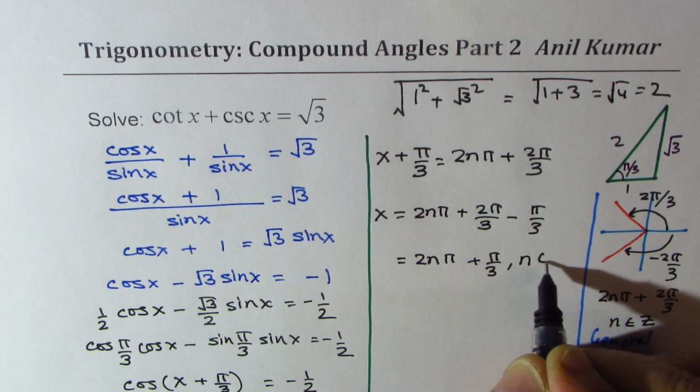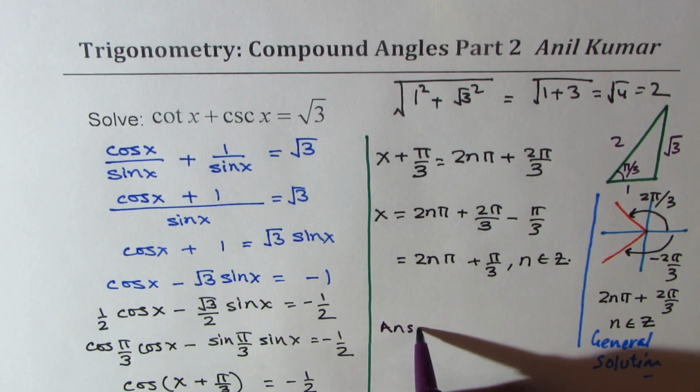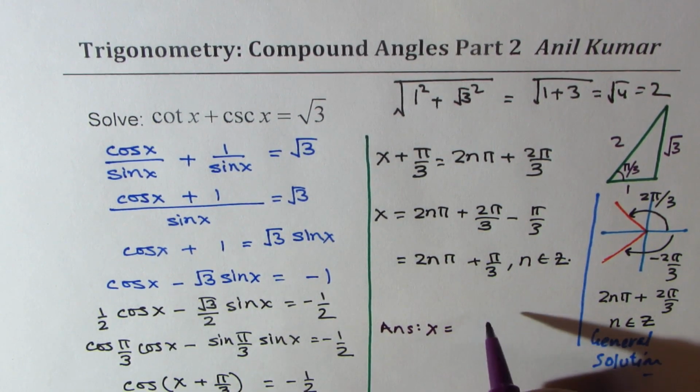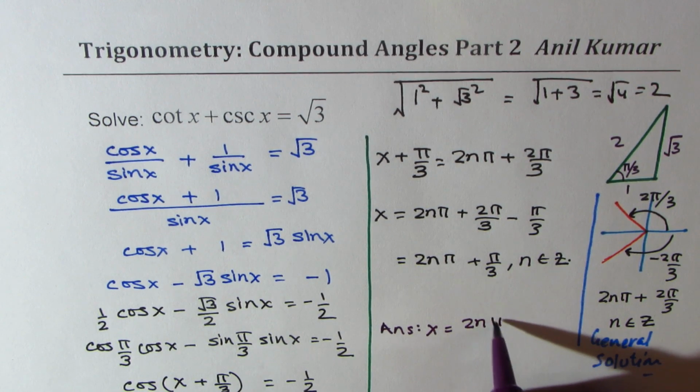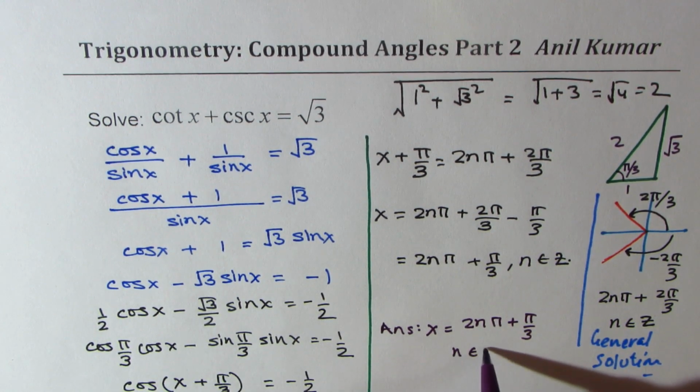And we know n belongs to integers. So that becomes our solution. Is it okay? So our answer here is x equals 2n pi plus pi by 3, where n belongs to integers. So I hope with this you learn the techniques of solving trigonometric equations involving compound angles.